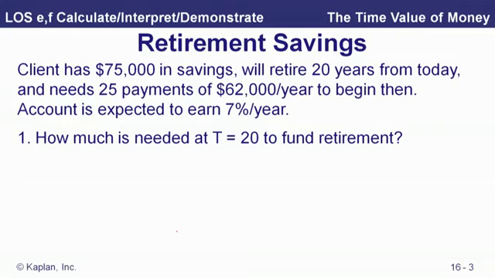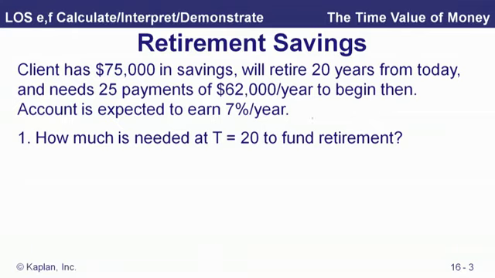So the account's expected to earn 7% a year. So we're going to break this down into two pieces. First, we're going to take that retirement income that he needs and figure out how much money he has to accumulate when he makes that first retirement payment out of the account of $62,000. So we're going to figure out how much is needed at time 20 to fund retirement.